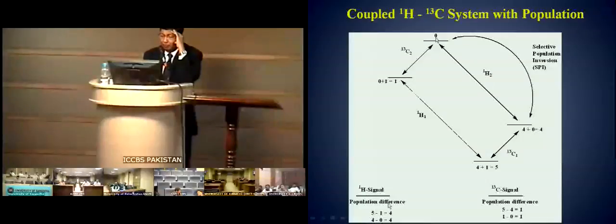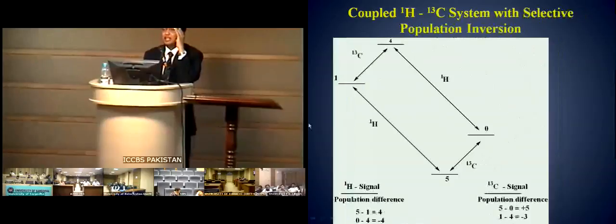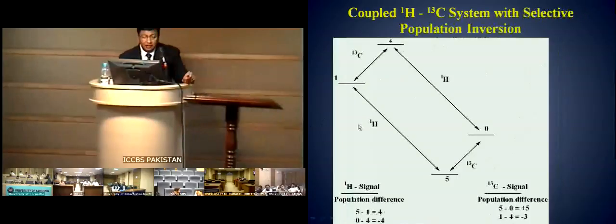And you were so happily calculating the intensities of proton and so happily calculating the intensities of carbon, and here you're so absolutely unhappy. This is again the same thing. These are the proton transitions, here to here and here to here. Proton transition from 5 minus 1 is equal to 4, right?